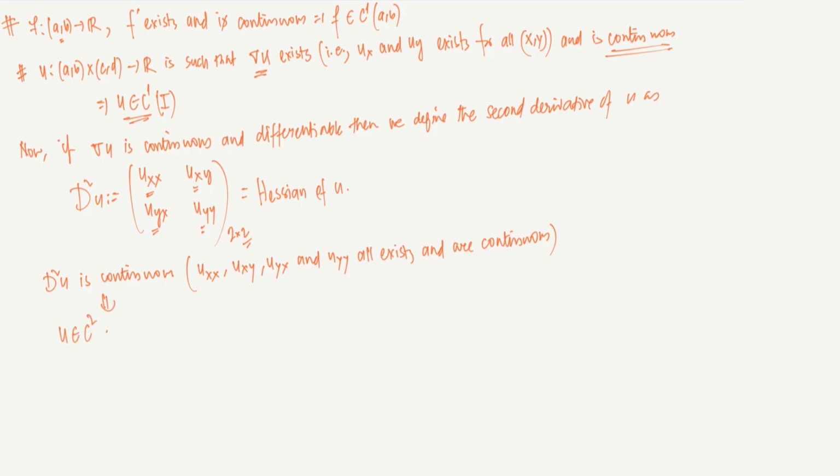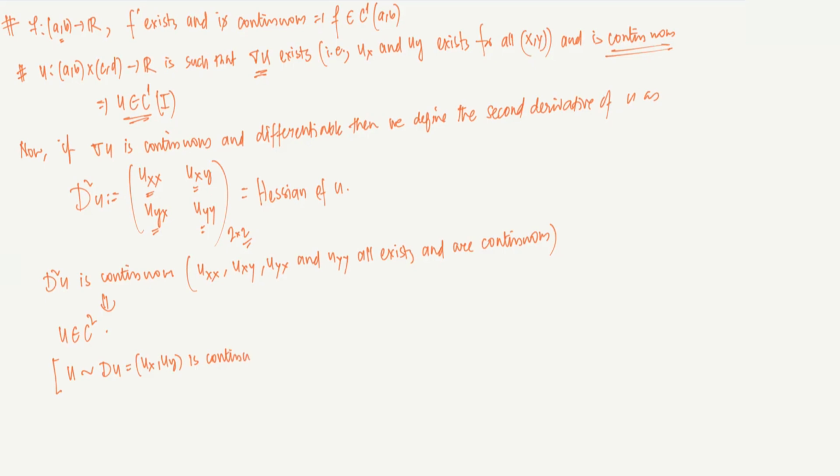I hope it is okay for you to understand what's happening here. First of all, let's say you have a function u, and we can talk about the derivative of u. Let's say the derivative of u exists, which means ux and uy exist. Not only exist, the derivative is continuous.